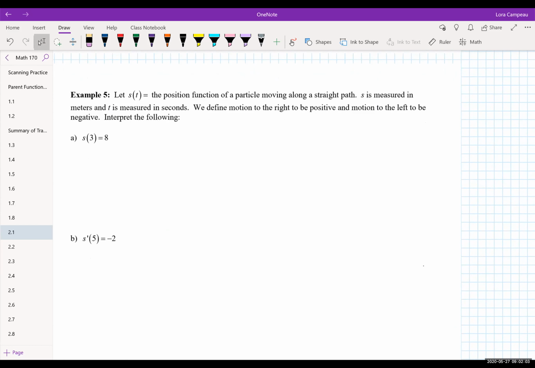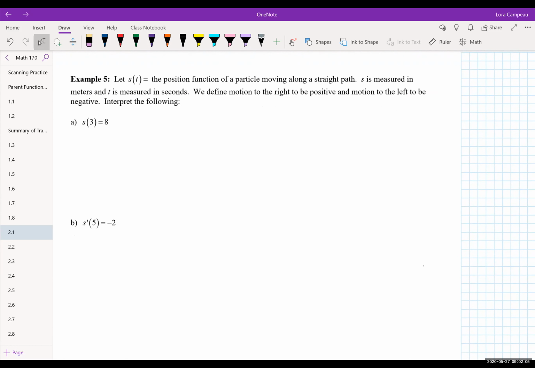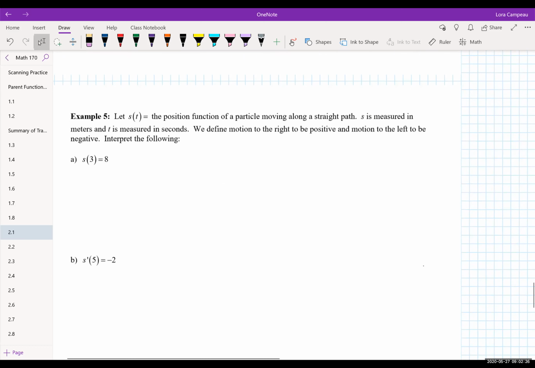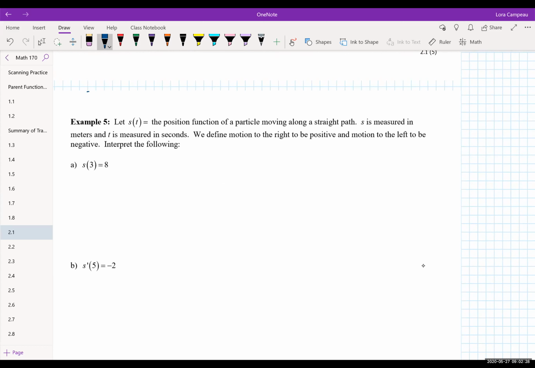So one last example for the section. We're going to look at this notation in terms of another popular application in calculus, velocity. I think we have velocity and, yeah, movement. So we've got ourselves S of t. Instead of x and y, sometimes this is really helpful for myself in calculus.